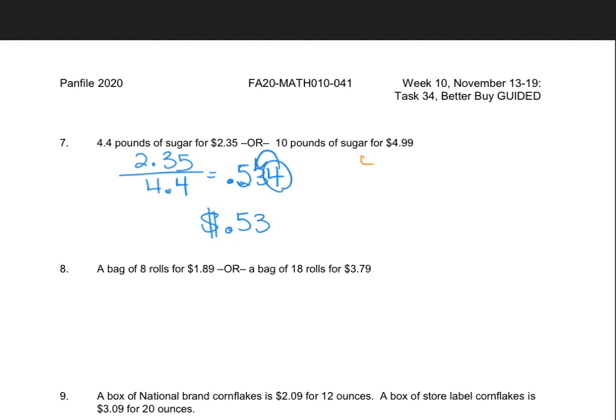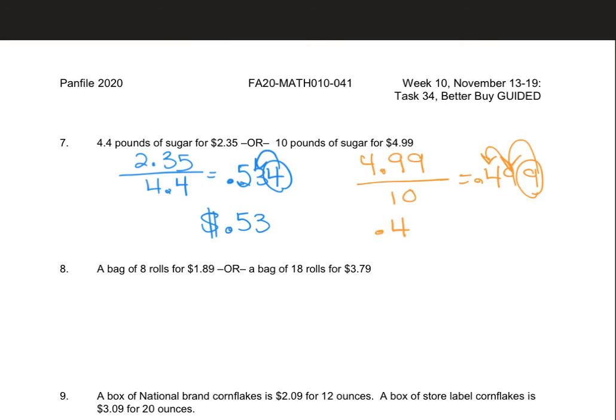And over here we get 4.99 over 10, which is 0.499. And that 9 does do something to the 9. It bumps it, but when it bumps it up to a 10, we can't put the 10 there, which bumps the 4 to a 5.